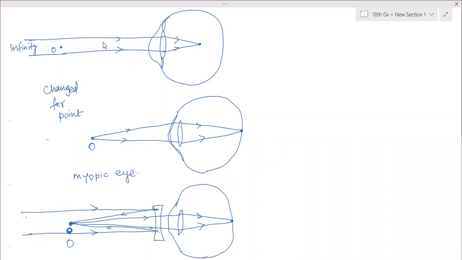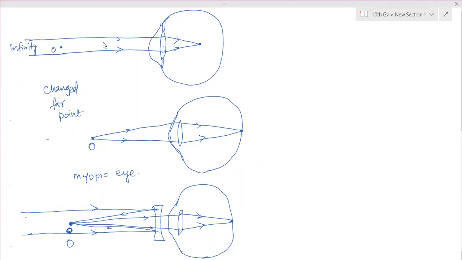Will they ask us to draw these diagrams in the exam? Yes, without that, no question will be there. Diagrams are needed. In a 3-mark question, 1 mark is for the cause and 2 marks are for diagrams. Sometimes they will ask for all 3 diagrams, and sometimes only the correction diagram.